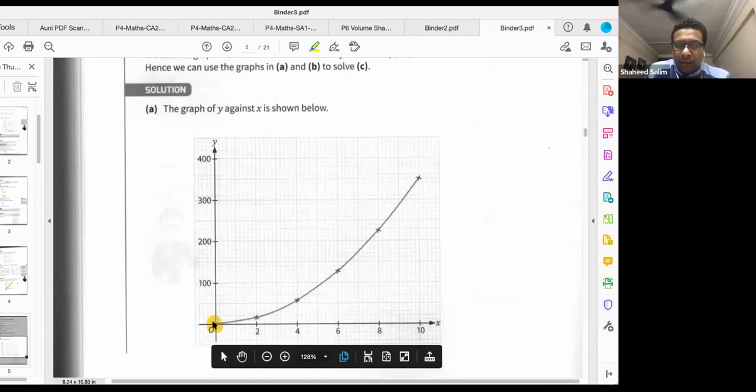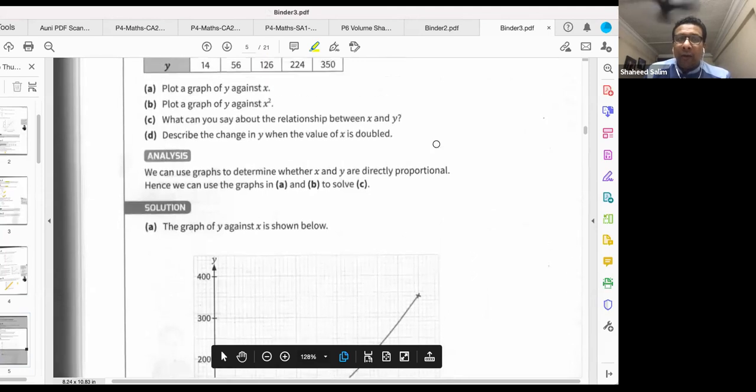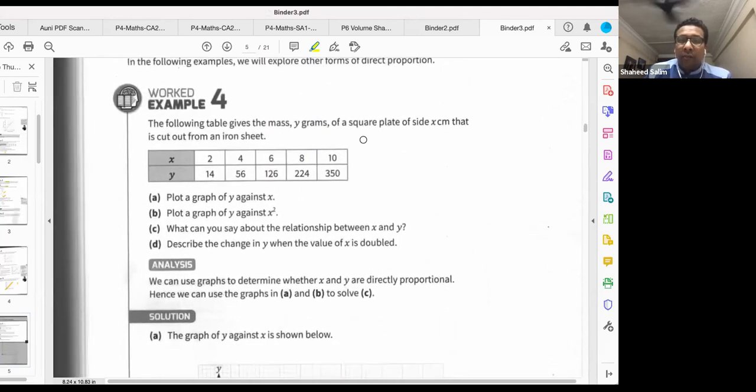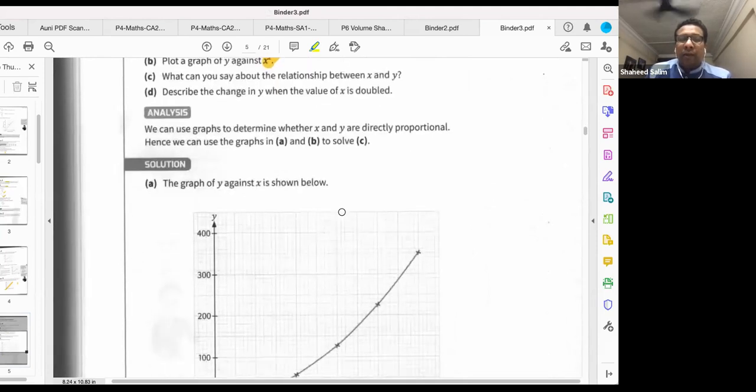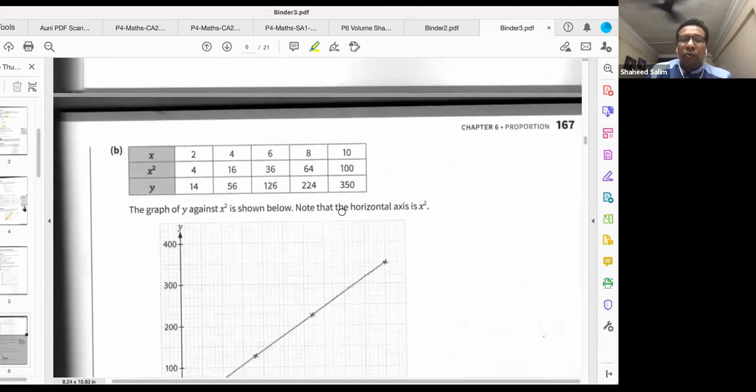But notice it starts at 0. So a curved one can also be directly proportional. All right. So let us look for it down here. Why is it curved? Well, because there's a square down here. Okay. So but never mind. We move on.